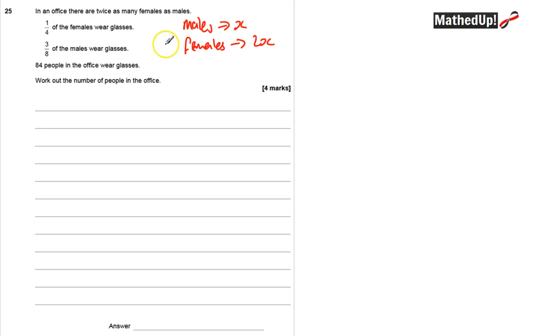Okay, so we've got 1/4 of the females wear glasses, and 3/8 of the males wear glasses, and 84 people in the office wear glasses altogether. So I know that 1/4 of 2x, so 1/4 of the females wear glasses, plus 3/8 of x, the males that wear glasses, must be the total number of people that wear glasses, so that must be equal to 84. Okay, so if I simplify this a little bit, I've got 1/4 times 2x is going to be 1/2 of x, so 1/2 of x plus 3/8 of x is going to be equal to 84.